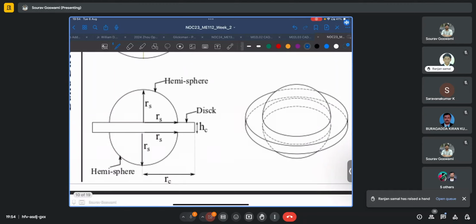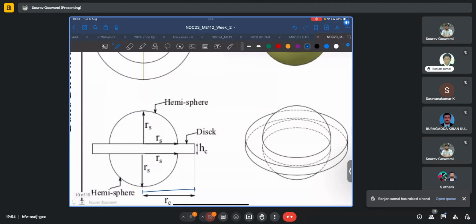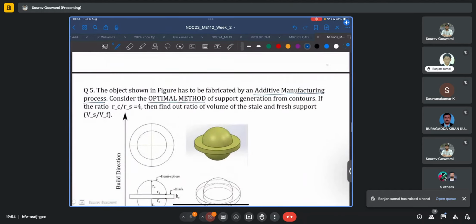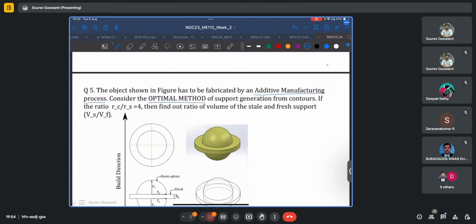RC is this dimension, and RS is simply the radius of the hemisphere. Given this information, we are to find the ratio of volume of the stale and the fresh supports. Let us do that.